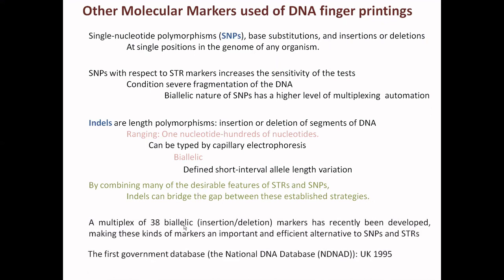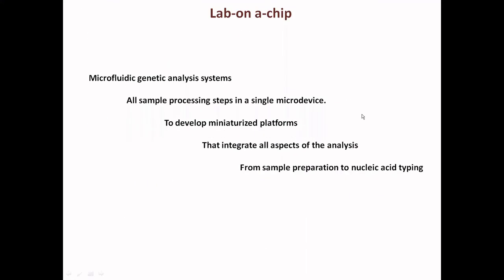So a multiplex of 38 biallelic indel markers has recently been developed, making this kind of marker an important and efficient alternative to SNPs and STRs, or they are complementary in nature. And the first government database was prepared in the UK. They use the 10 STRs as agreed upon, meaning all the 10 STRs have to be matched in identifying an individual.